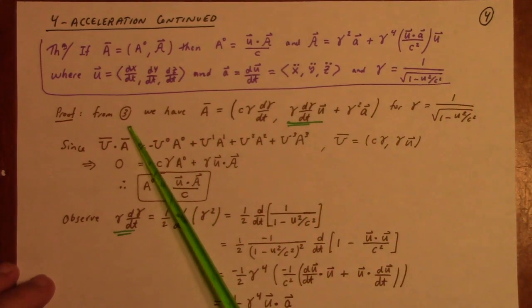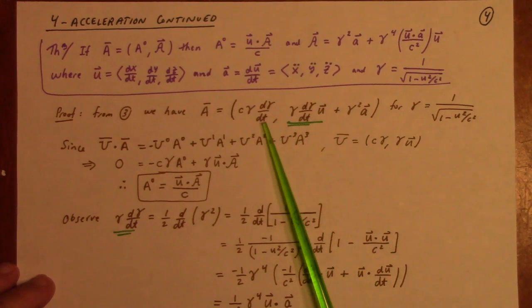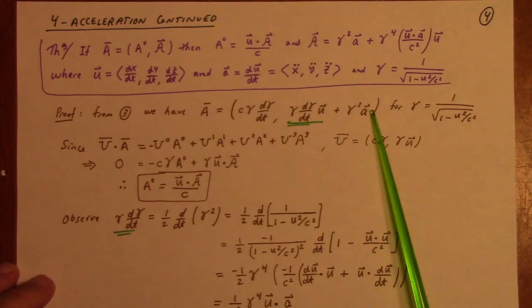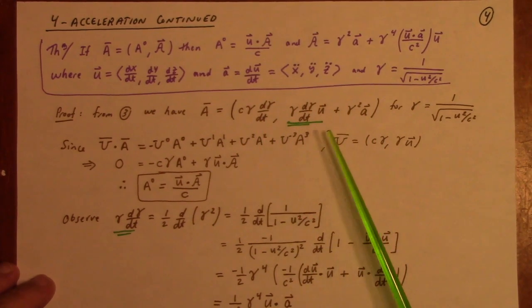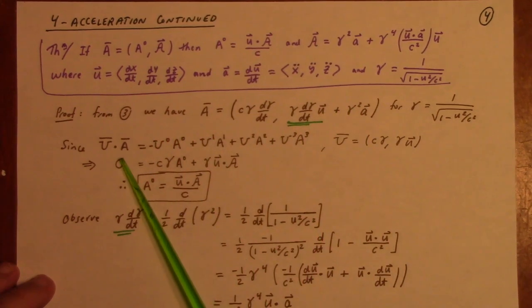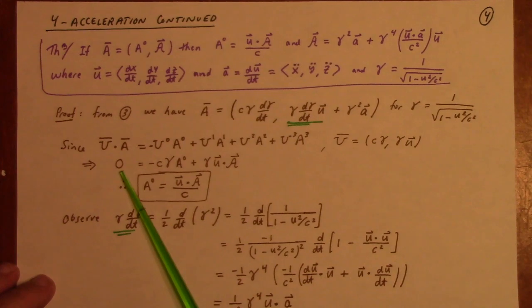Anyway, from 3, the last page, we already had this relation from basically the product rule. If you take the dot product, and by that I mean the Minkowski product, of this with A, you get this, which we know is 0 from our previous work.